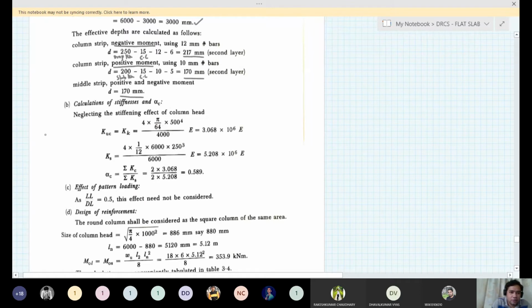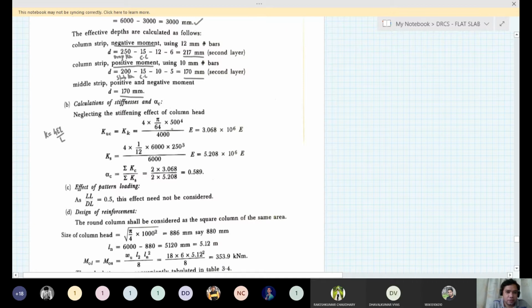So your formula is stiffness K equals 4EI by L. So L is 4 meter because your upper and lower story height is 4 meter. So the effective column length is 4 meter here.